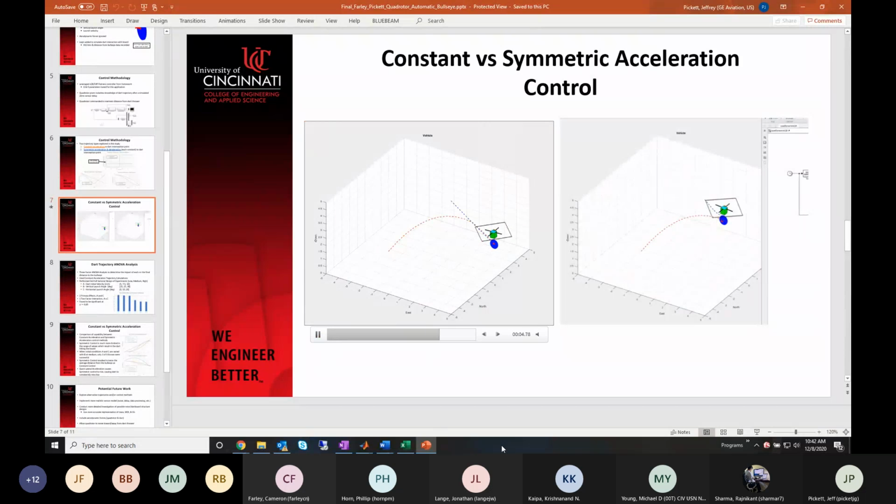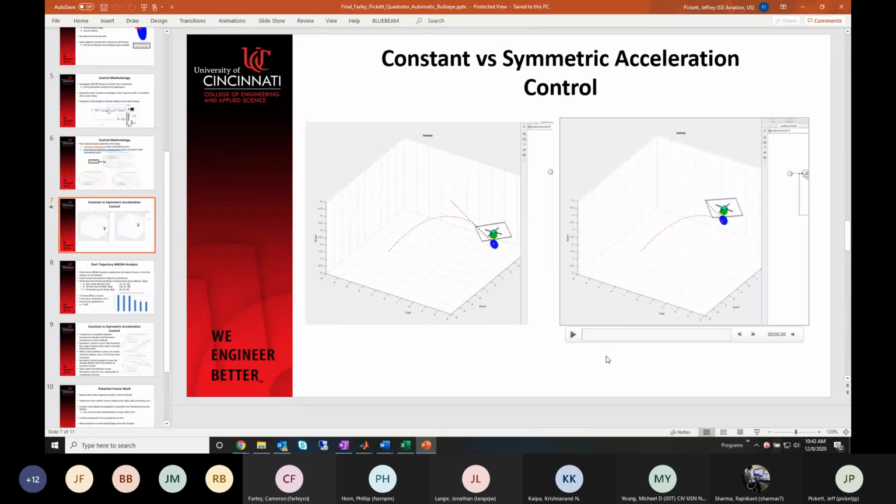So as you can see, it constantly accelerates and then follows through with no deceleration to catch the dart. And both of these were set up with the same initial parameters. I just set them up such that you could see they moved in a pretty good 3D space. So in that one, you can see the drone has to swing around in order to get the dartboard exactly to stop right where it needs to stop. You can go on to the next one.